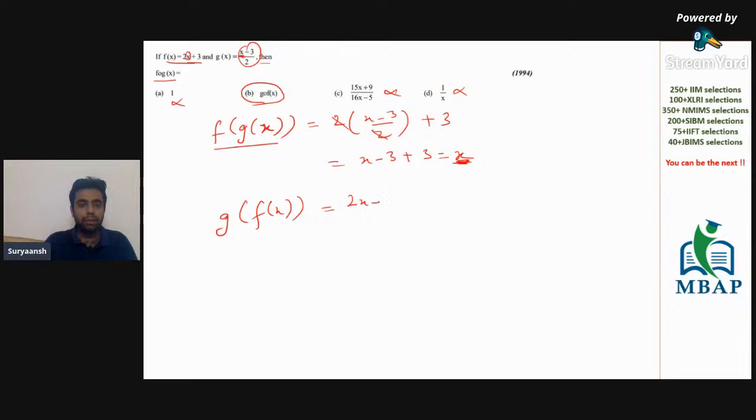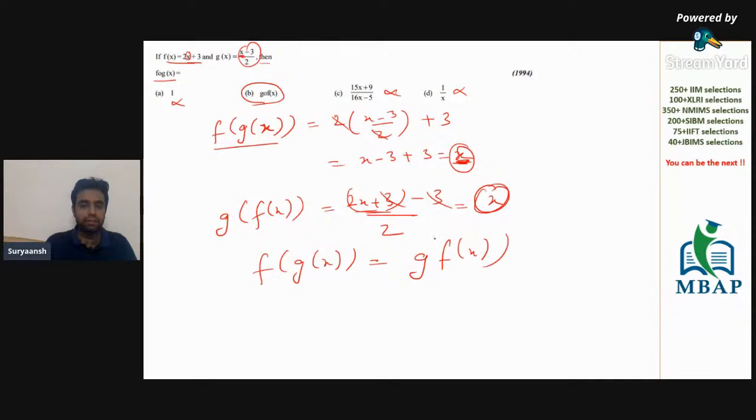That would be 2x plus 3 minus 3 by 2. Instead of x, we are substituting fx, which is 2x plus 3. That's it. So the 3 and 3 would get cancelled. We would again be left with x. So this is also coming as x. That means f of gx will be equal to g of fx. The answer is option B.